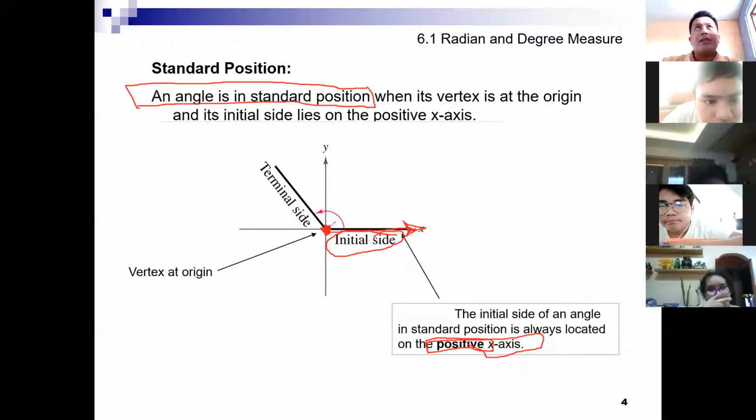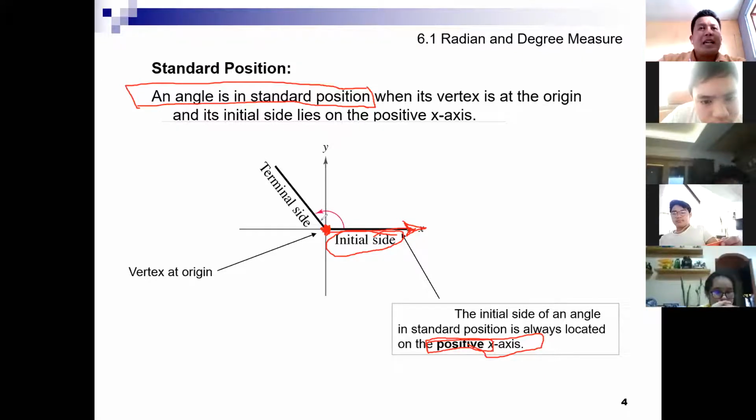Remember the angle from a bearing? We draw the angle from the north, right? Which is the positive ordinate, or the positive y. But now, we move our point of reference to the positive abscissa, or the horizontal positive x-axis, and that is our initial side.